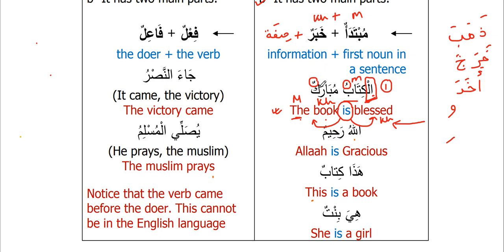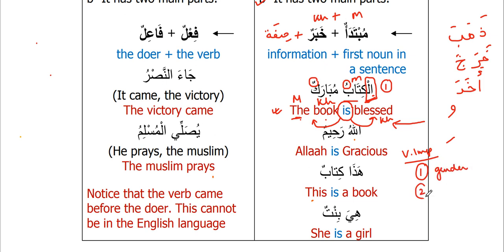The most important point here I would like to tell you about the khabar. This is also a very important point. Please make a note of it. The first point about the khabar is that it matches the mubtada in gender, and number two, in number.